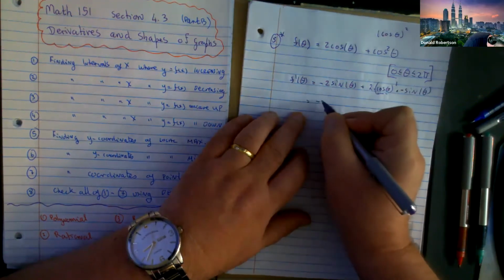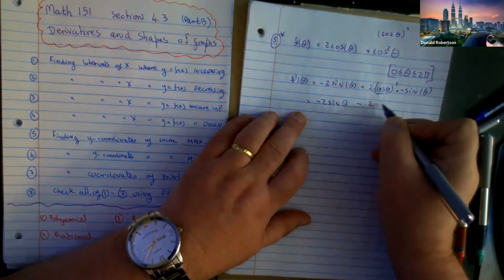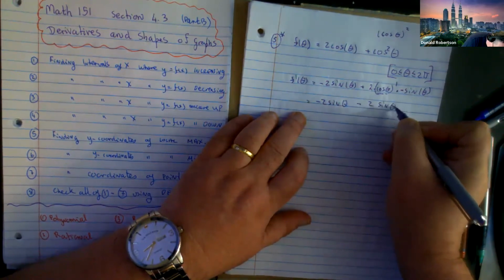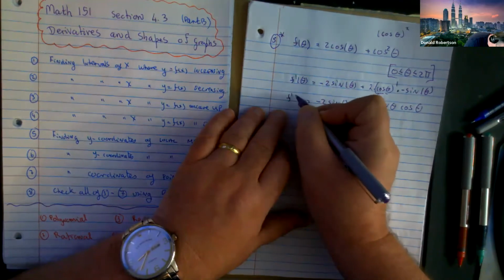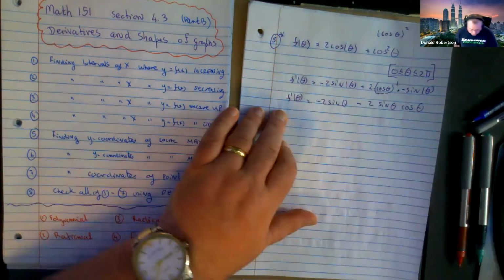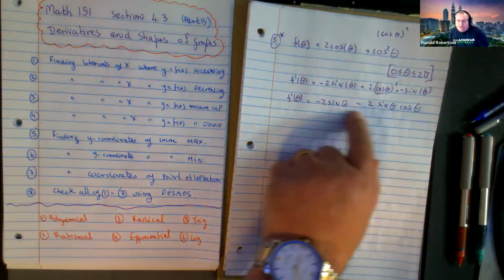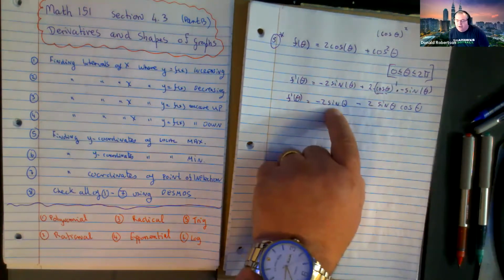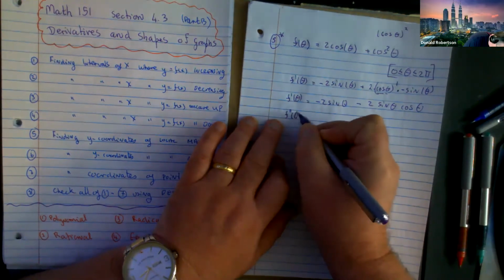So I have negative 2 sine theta cosine theta. Now, if I wanted to know where all the local max and mins and increasing and decreasing, I would factor that out and solve. But we're only interested in concave up and concave down.